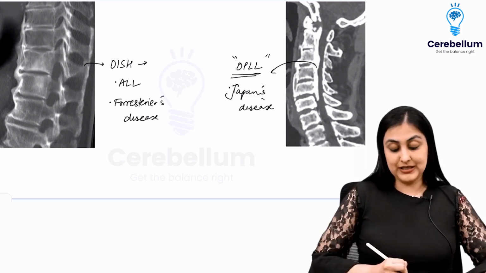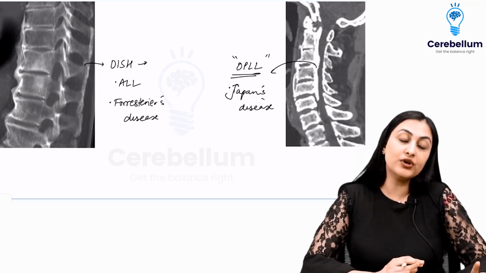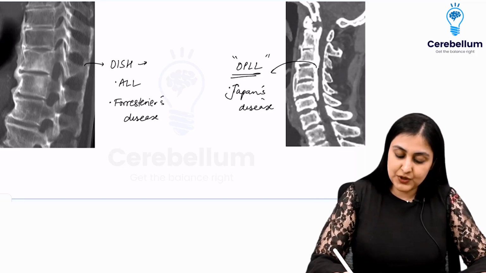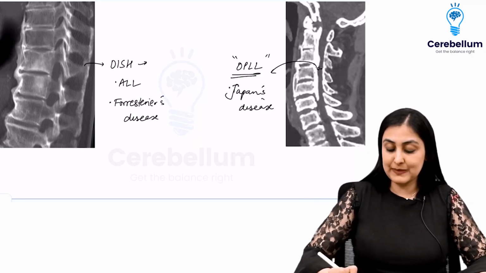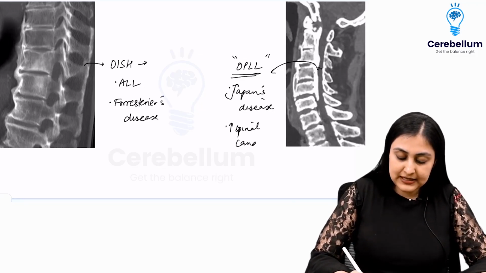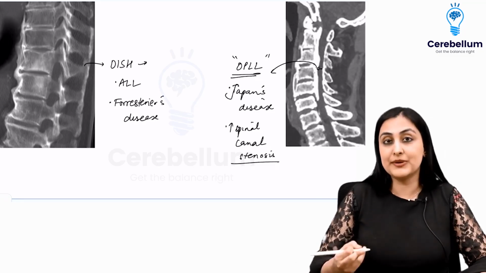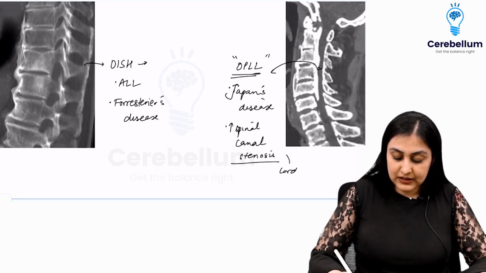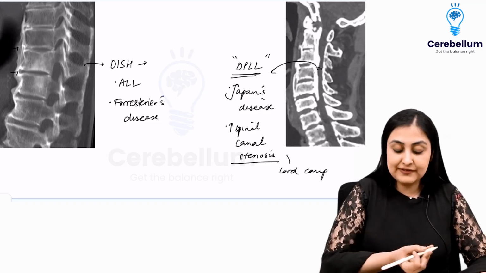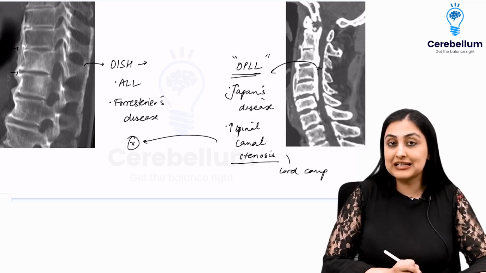Now when I ask you what's the difference, which is going to have more likelihood of spinal canal stenosis, very logical, because PLL is going to impinge on the spinal canal. This has higher chances of being symptomatic. This has higher chances of spinal canal stenosis and hence cord compression. Whereas here in DISH, you have ossification along the ALL, which doesn't really cause this. So you don't have any cord compression or spinal canal stenosis.